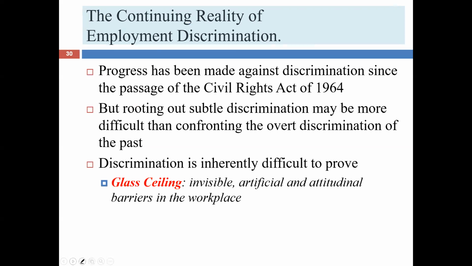In fact, one of the things that happened as part of the Civil Rights Act of 1991 is that a glass ceiling commission was implemented, and it was designed to investigate why African Americans and other minorities and women seem to have difficulty rising to the most high levels within corporations.